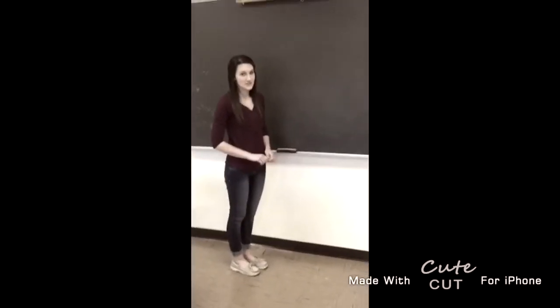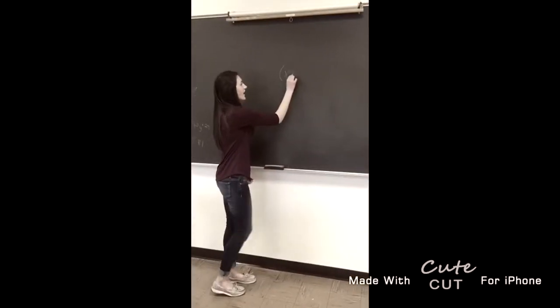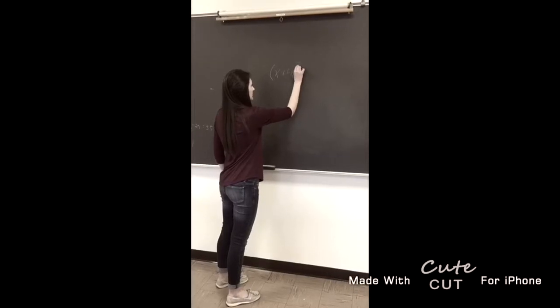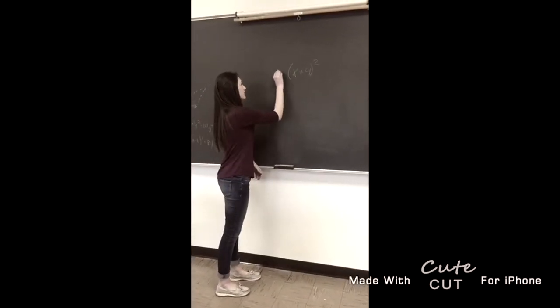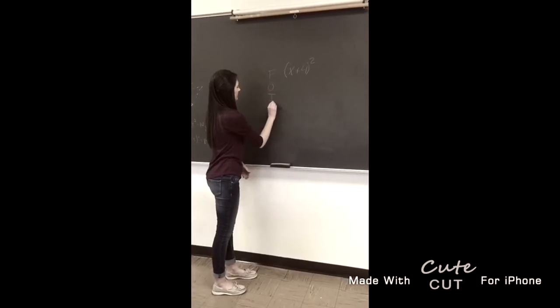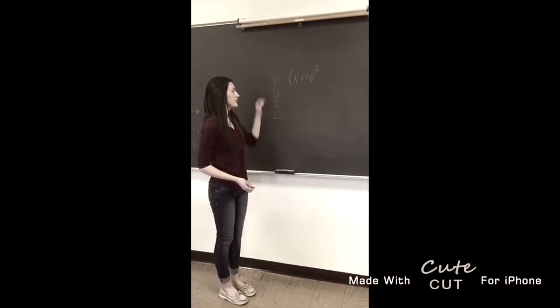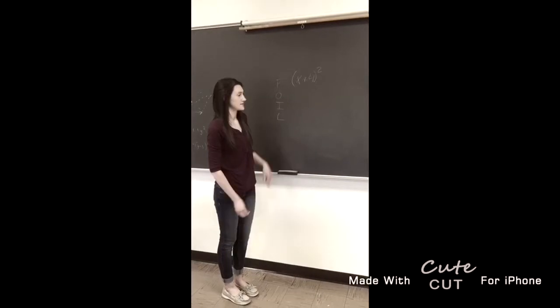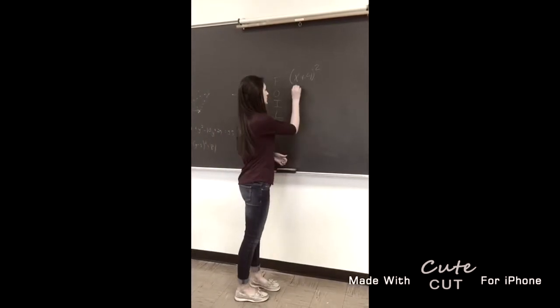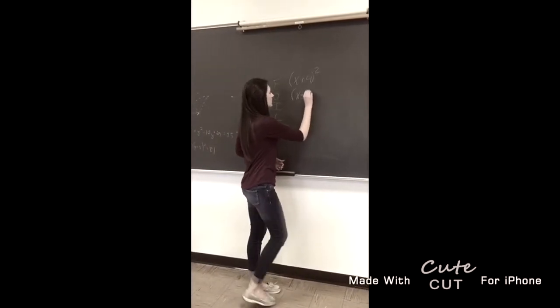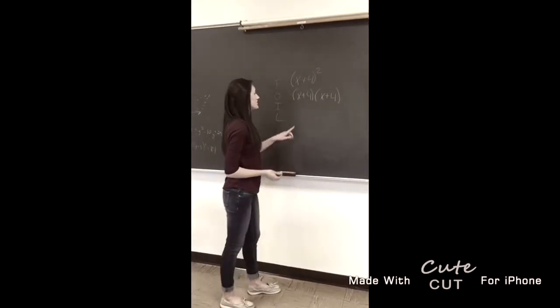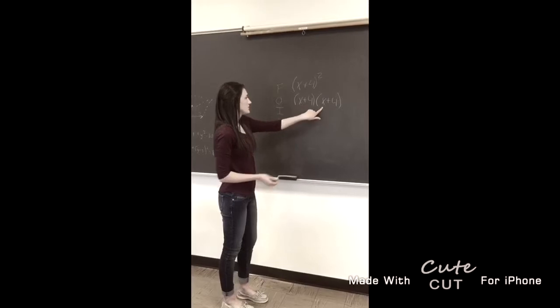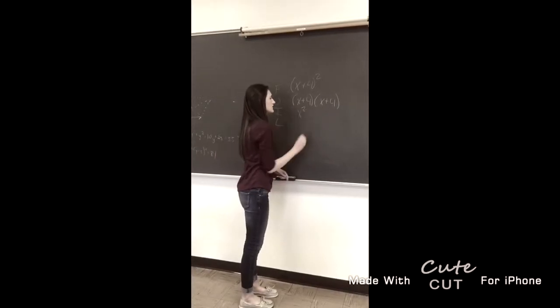Hi, I'm going to teach you about binomials. So if we have something like this, a binomial, you have to square it and you have to FOIL. FOIL stands for first, outside, inside, last. This tells you the process of how you really should carry out these problems. You have to take the first term times the first term, x squared.